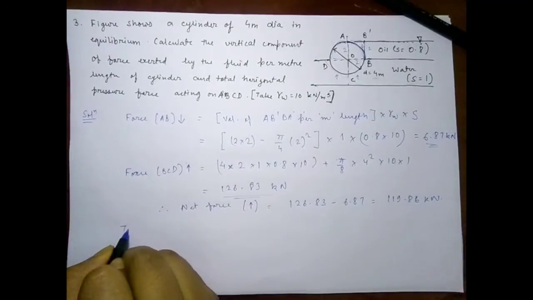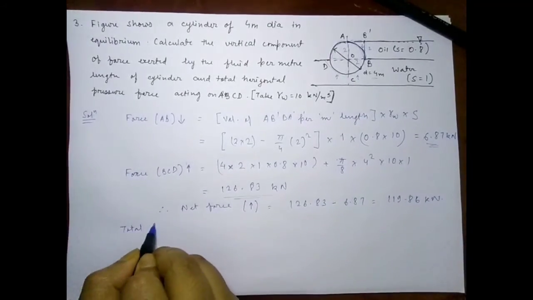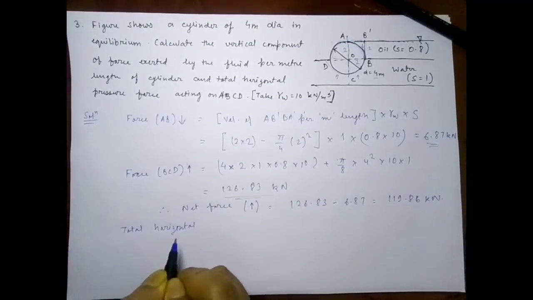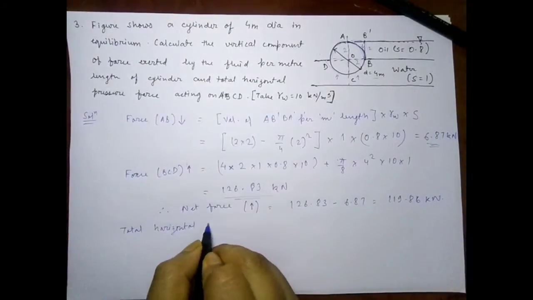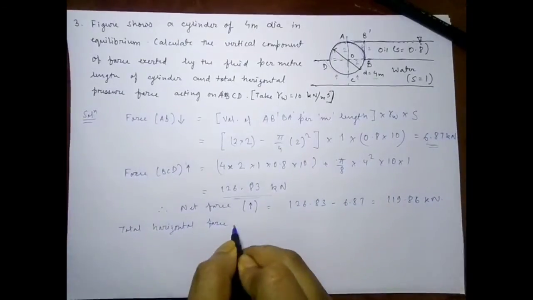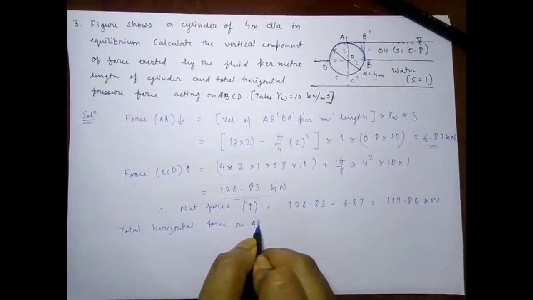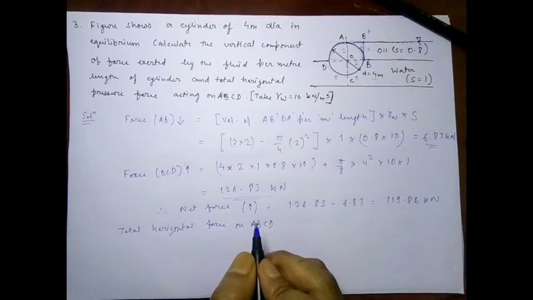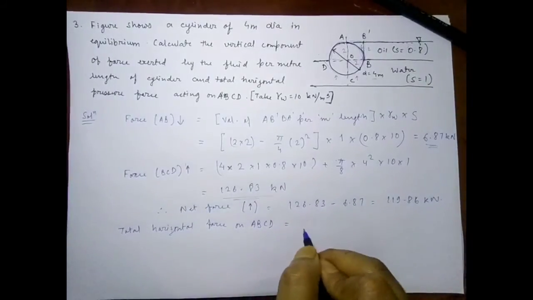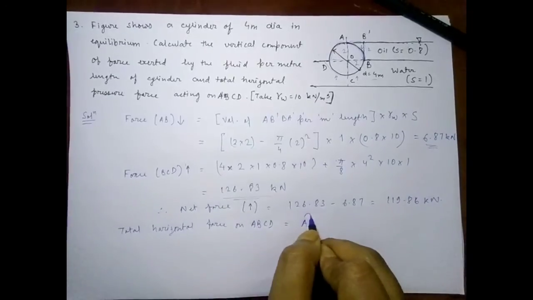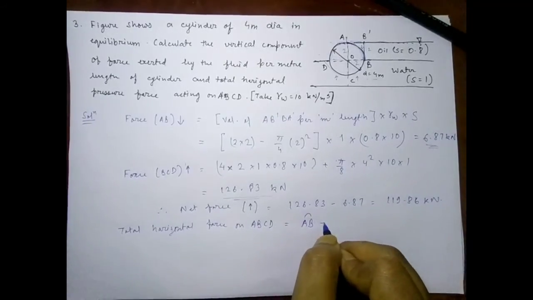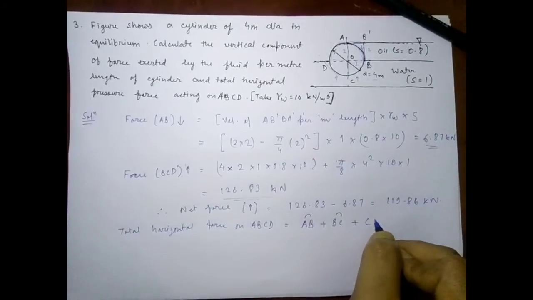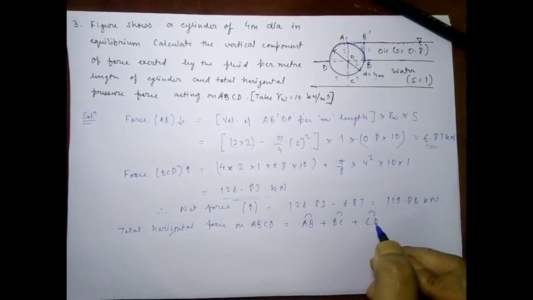So therefore the total horizontal force on ABCD is equal to the force on the curve AB plus the force on the curve BC plus the force on the curve CD.